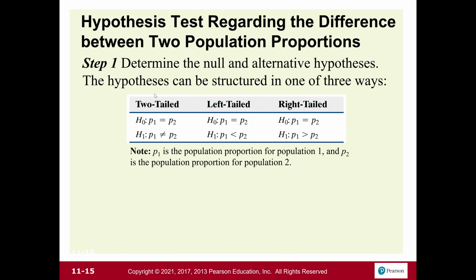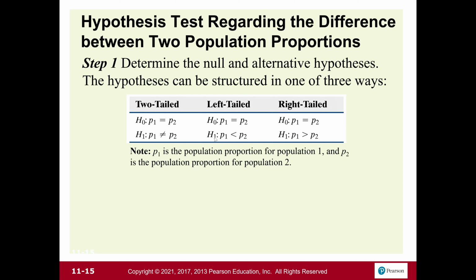And so here are the different cases. A two-tailed test would be if we are determining that the alternative is that the two populations are not equal to each other.